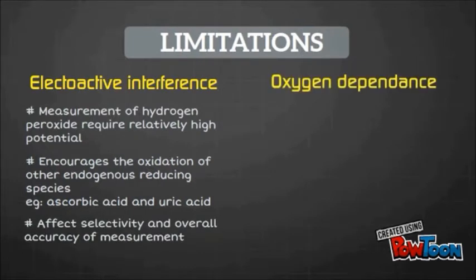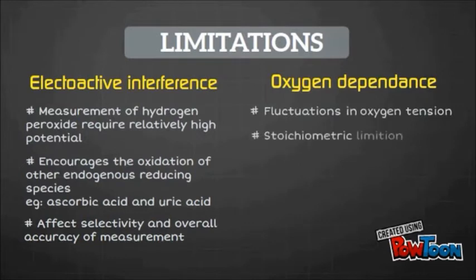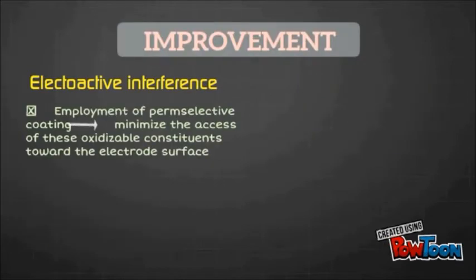In terms of oxygen dependence, there is fluctuation in oxygen tension and stoichiometric limitation of oxygen, or oxygen deficit. The interference limitation could be solved by using a permselective coating on the electrode, which could minimize the access of oxidizable constituents toward the electrode surface.